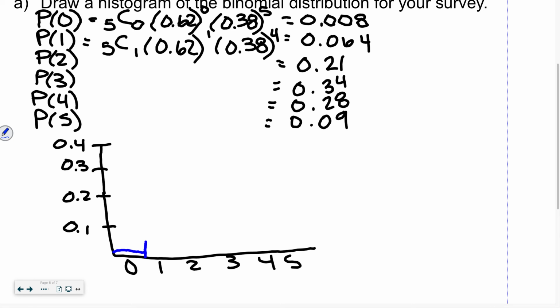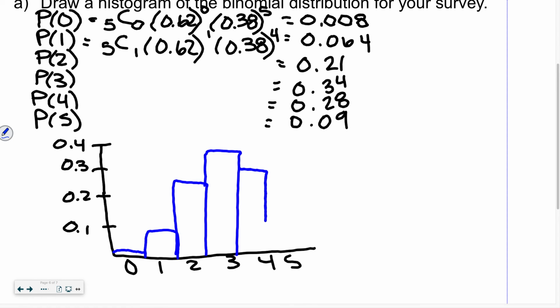Okay, so I'm going to go up. And then finally I could go 0.21, 0.34, 0.28, and 0.09 is just under 0.1.